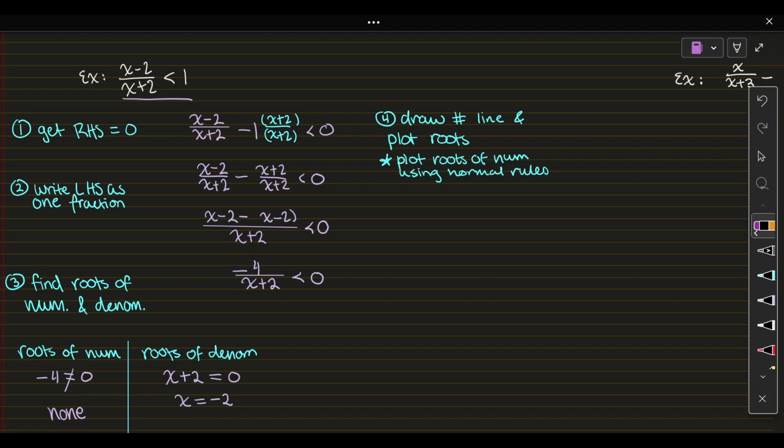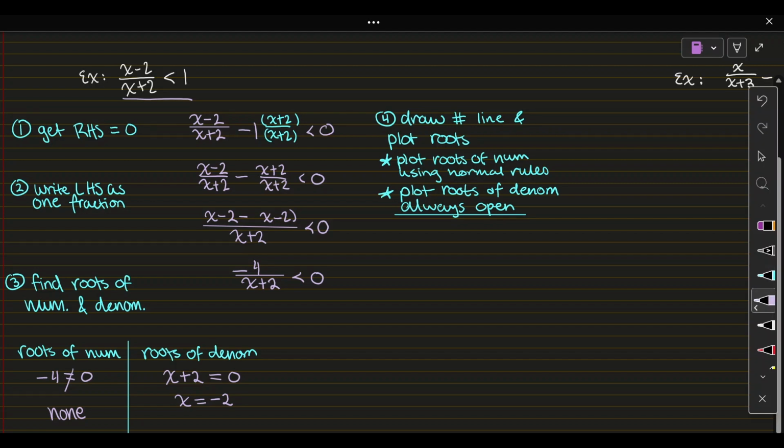That will give you the rules for deciding if the points of your roots are going to be open or closed. But very important, plotting the roots of the denominator, they are always open, and I plot both.